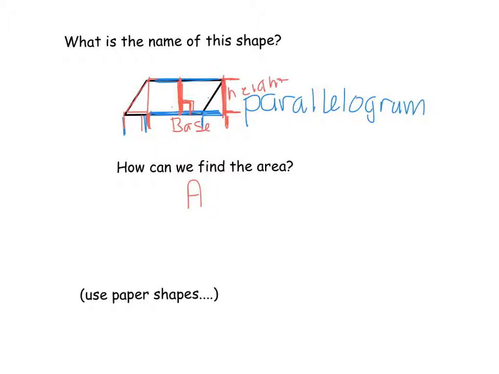So the area of a parallelogram is just base times height. The only difficult thing about this is remembering you're not using this side and this side, you're using this base and the perpendicular distance between that base and the other side.